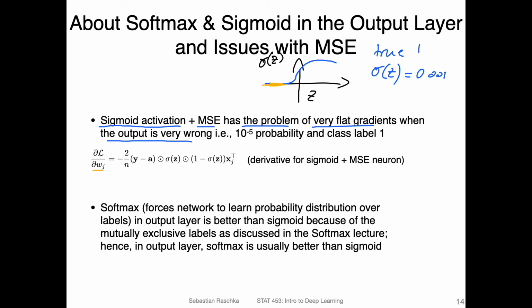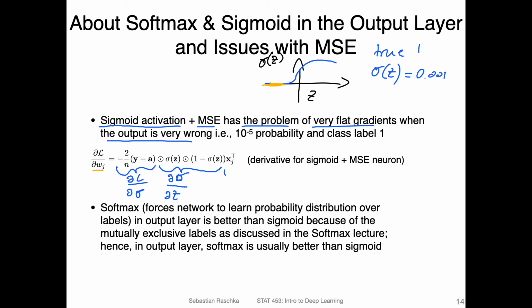So if you then look at the derivative of the loss function with respect to the weights, here we have the derivative of the mean squared error loss with respect, let's say, to the activation. Let's call that just sigma here. And then this is the partial derivative of sigma with respect to the net input.